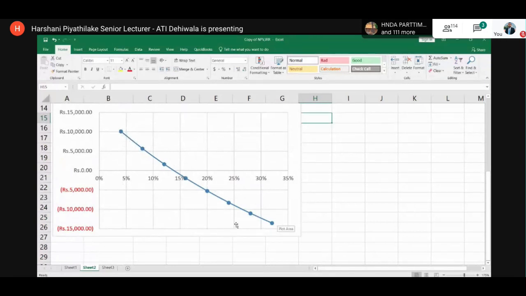Then when you check this line with the zero NPV value, rupees 0, you can understand it is actually in between 10% and 15%. Most likely 13 point or 14 point something, right?